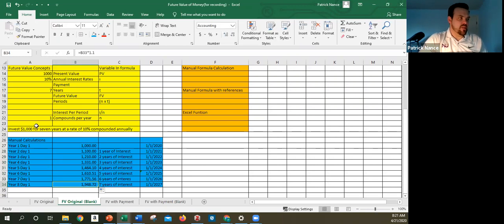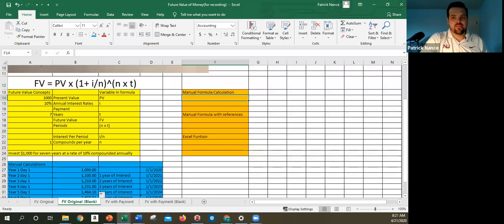So the value of my $1,000 compounded annually at a rate of 10% at the end of 7 years is going to be $1,948.72.